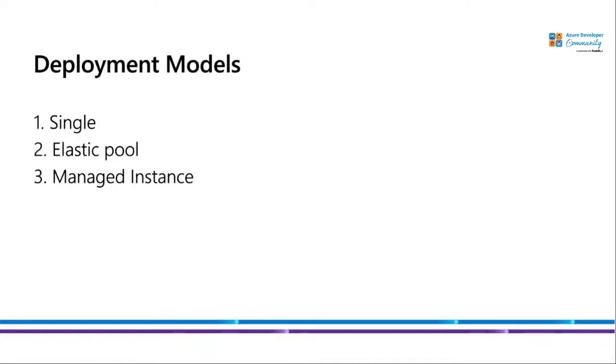Next, we have various deployment models which are there in Azure SQL Database, like the single database, elastic pool, and managed instance. So in single database, what we do is we have a single database with its own set of resources, and we use a logical SQL Server.